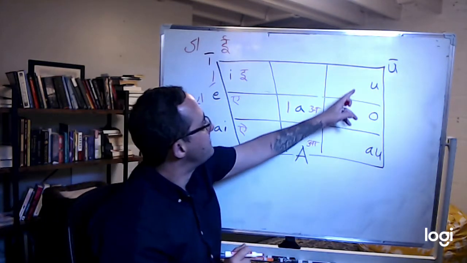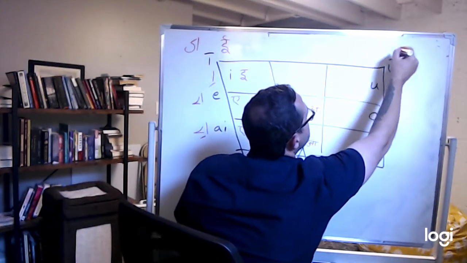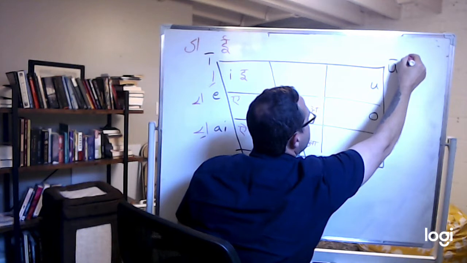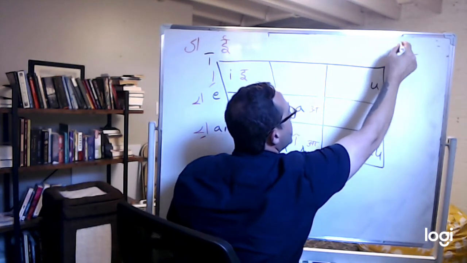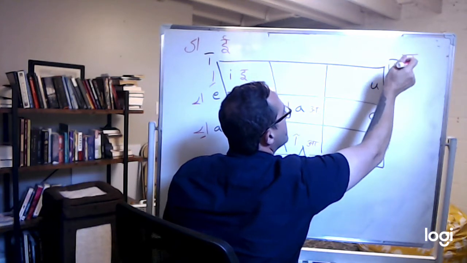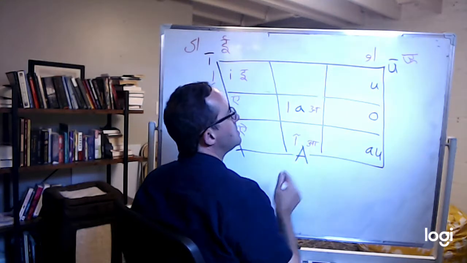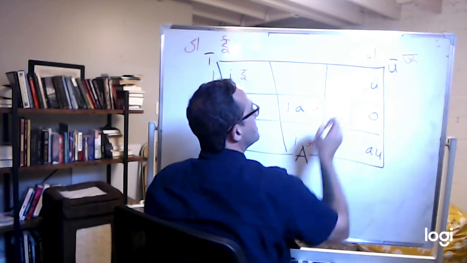Now let's go over to oo. In Devanagari, it is this. In Urdu, it is this, oo. And you could even put this above it.